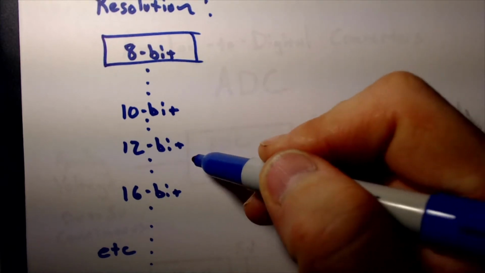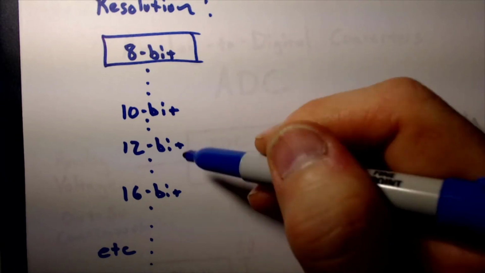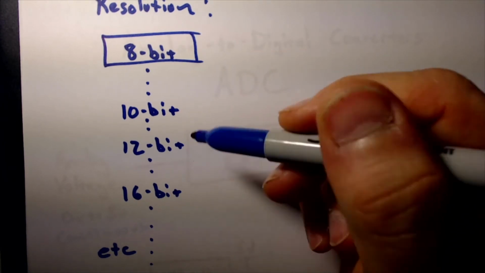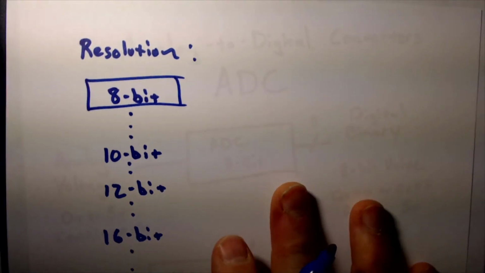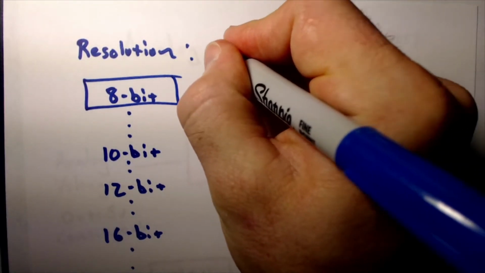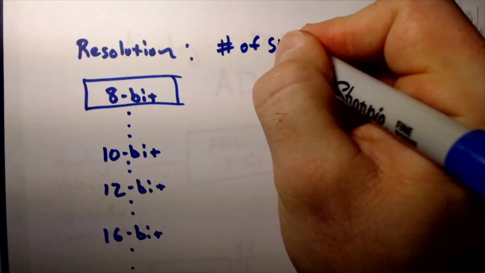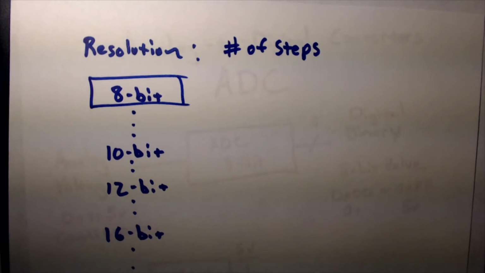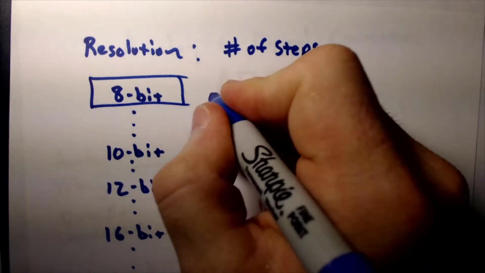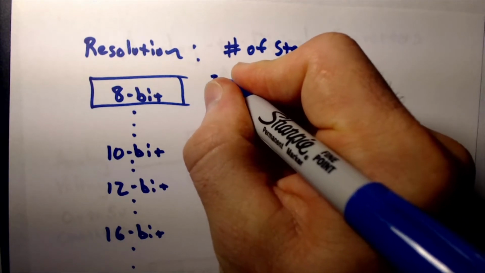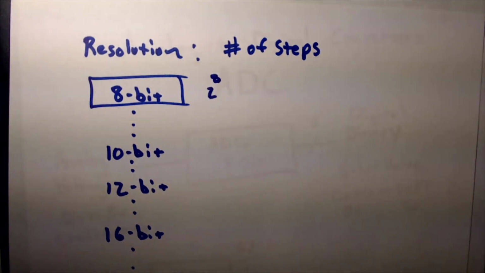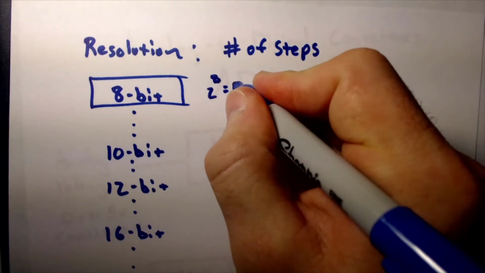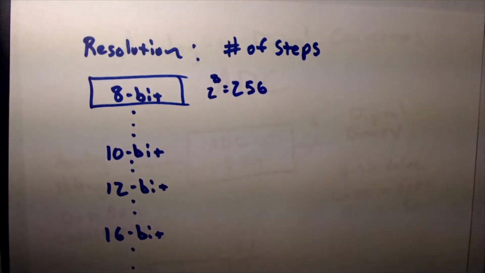Now, given each one of these resolutions, we can specify the number of steps. So for an 8-bit analog digital converter, how many different steps do we have? Well, if we take 2 to the 8, 2 to the 8 is equal to 256 steps.